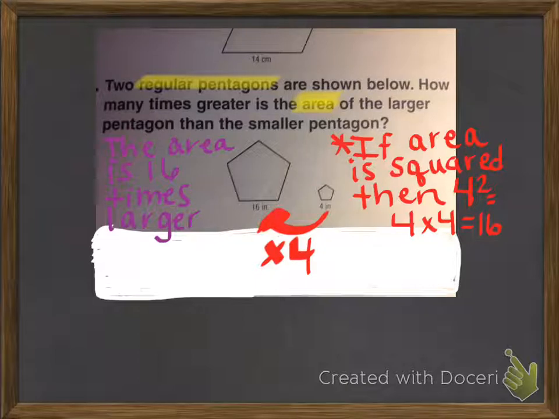So in moving from the small pentagon at 4 inches to the larger pentagon 16 inches, the change is that it's been enlarged 4 times. But the area is squared, so it would be 4 squared larger. 4 times 4 is 4 squared, 16. So the answer to number 2 is that the area is 16 times larger.